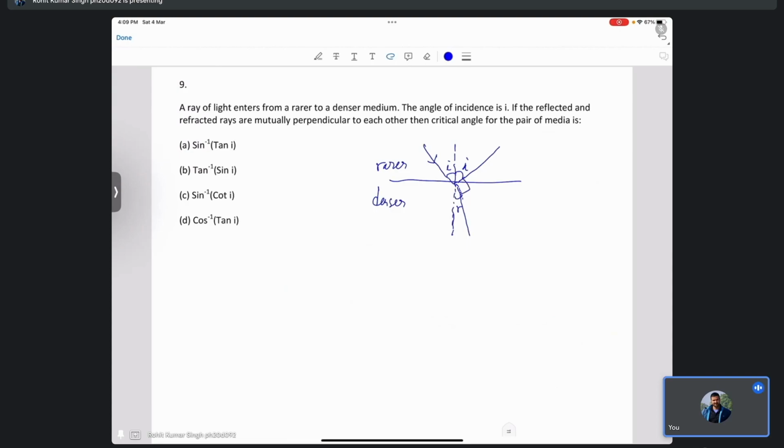So this angle is 90 degrees, and we have to find the critical angle, theta c.